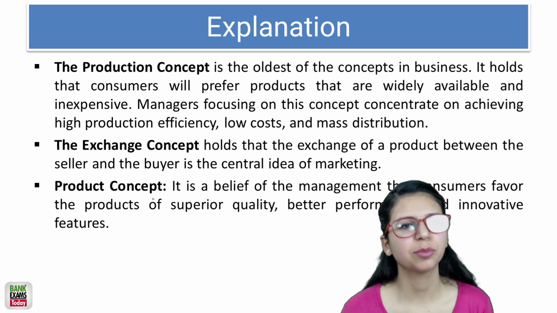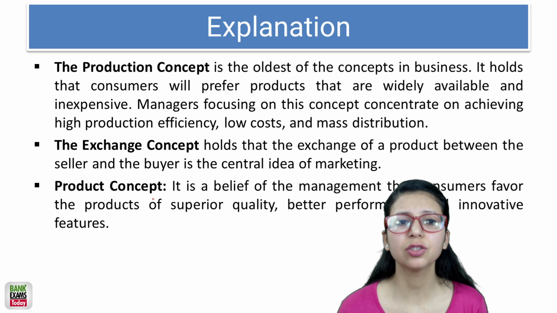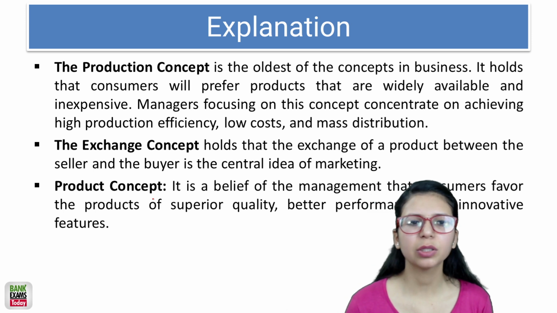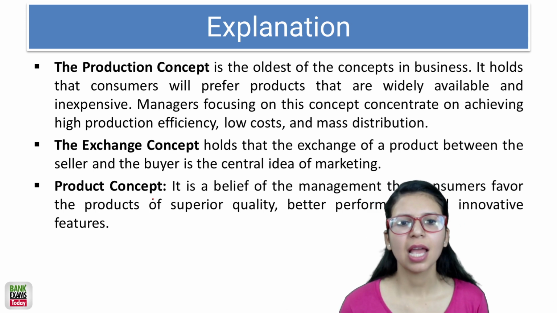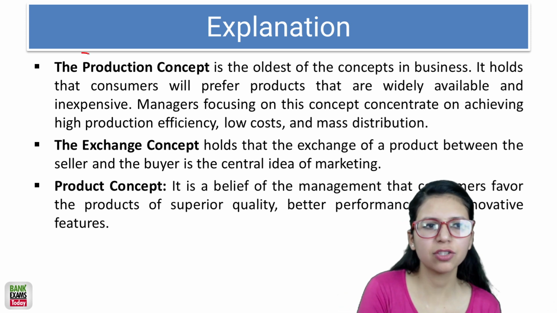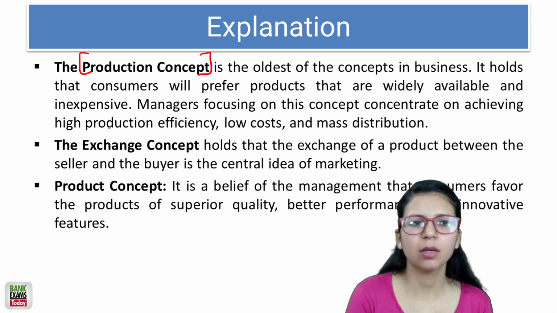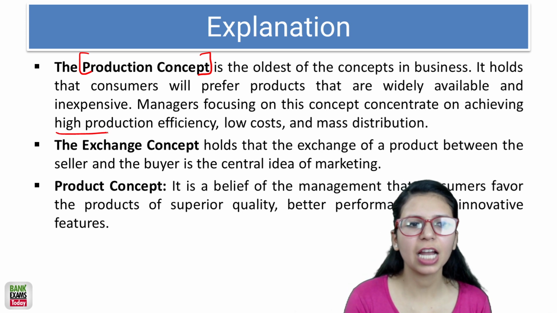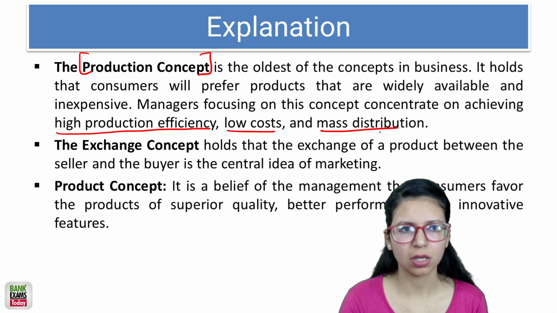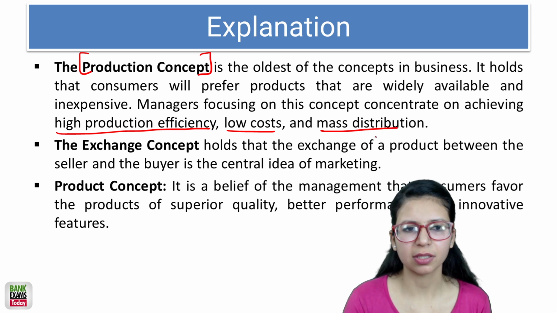The production concept says that consumers will prefer products that are widely available and inexpensive. The major focus in the production concept is high production efficiency, low cost, and mass distribution. So this is what the production concept is.